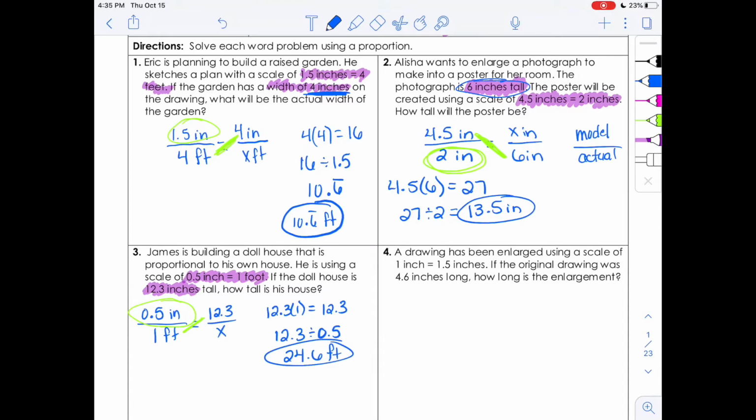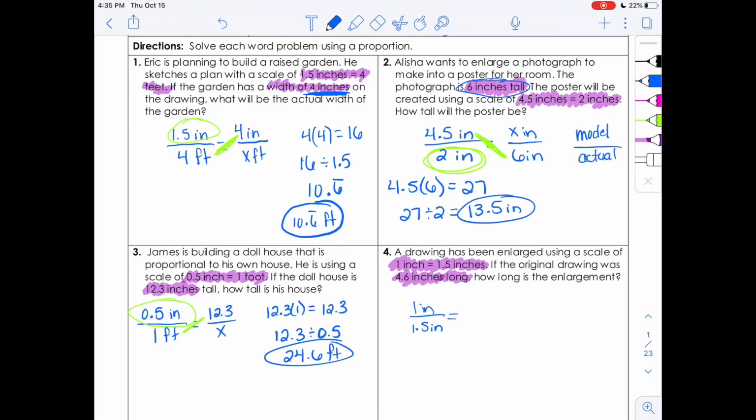Number 4. A drawing has been enlarged using a scale of 1 inch equals 1.5 inches. If the original drawing was 4.6 inches long, how long is the enlargement? So again, setting up a proportion where the first ratio is our scale, 1 inch to 1.5 inches.